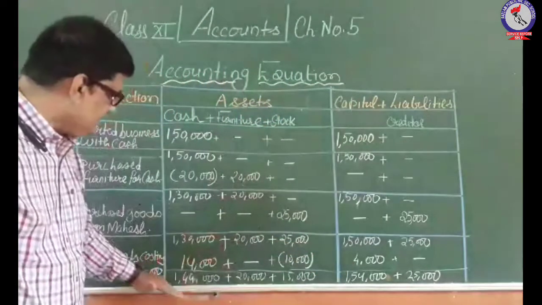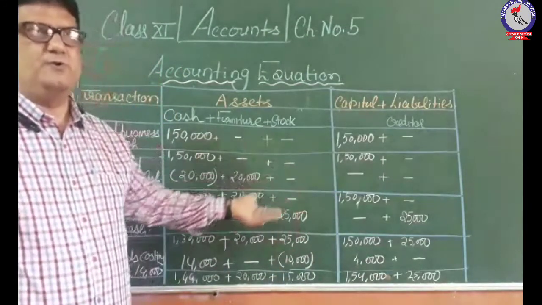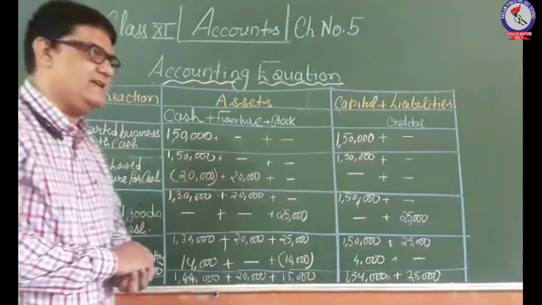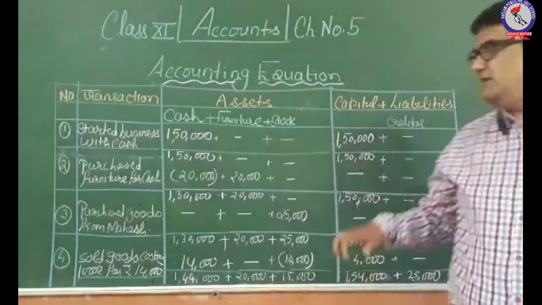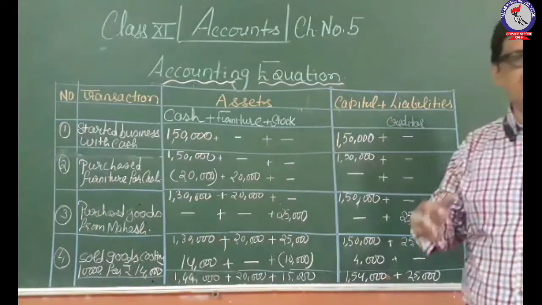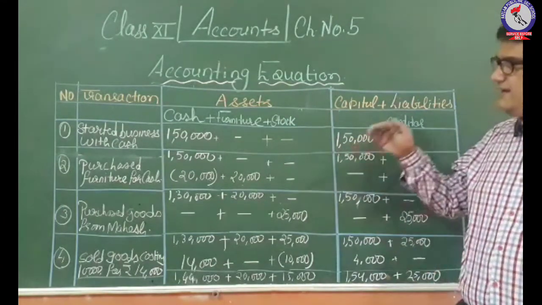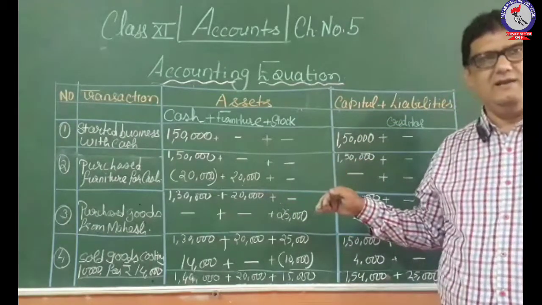So after this equation again it is 179. So this proves that after each and every transaction, the balance of the assets and the liability are same. So accounting equation holds good under every situation.